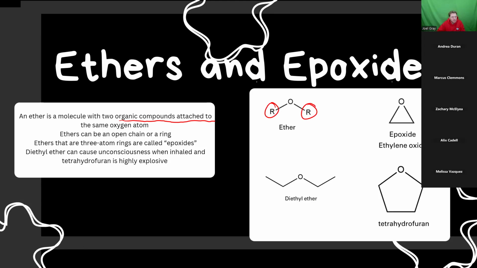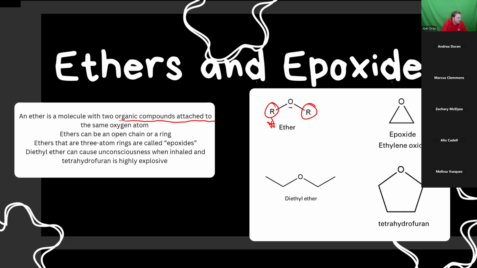So this is basically our oxygen and then two organic groups that come off of that oxygen. Now, these ethers can be an open chain, which is what we see here with this model ether.